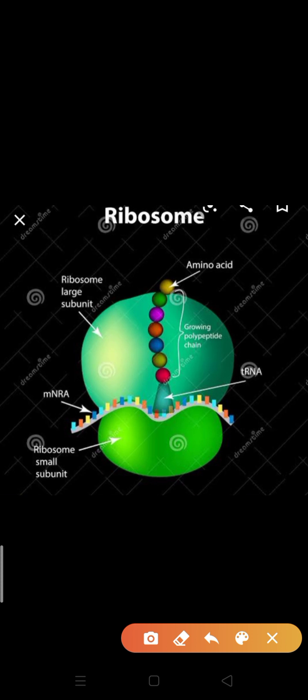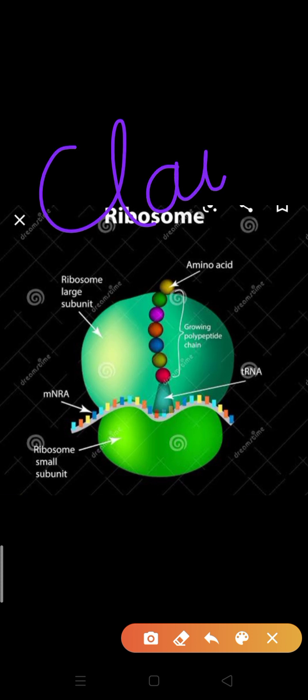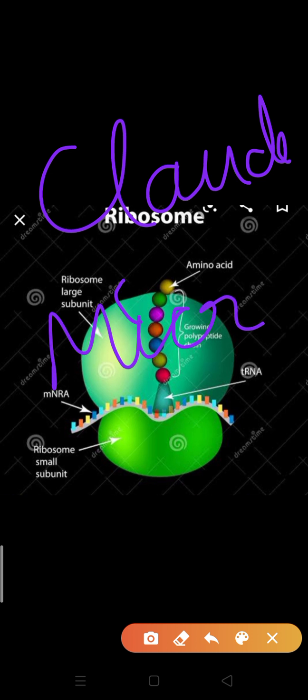The ribosome was first isolated by Claude from the cytoplasm of bean roots. He isolated it from the cytoplasm, and at that time he gave it the name microsome.